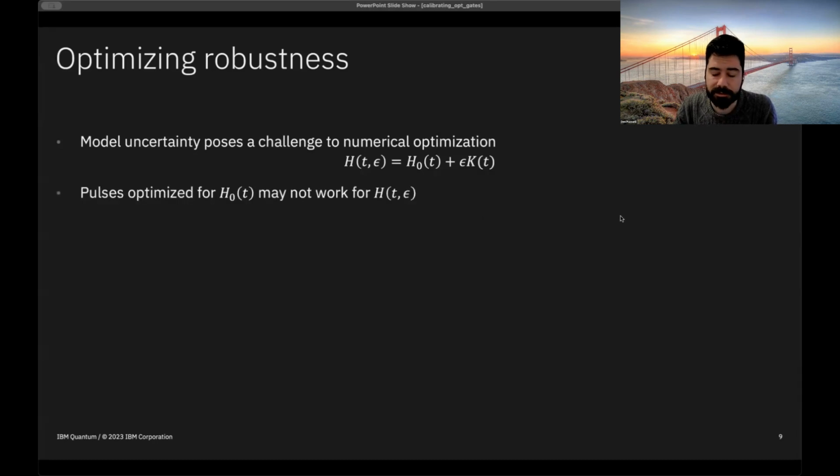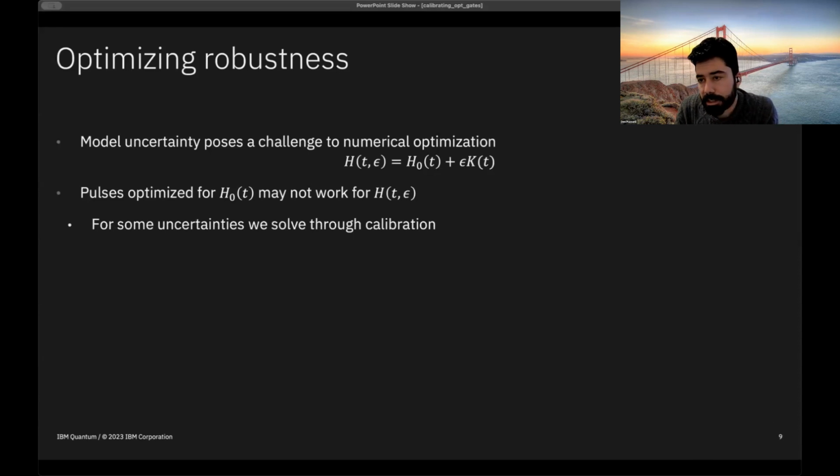So if you just straight up optimize a pulse for H0, it may not work for this deviated Hamiltonian. Especially, sometimes you do these optimizations and they'll really utilize really fine aspects of the Hamiltonian. And if you start changing the Hamiltonian, it'll totally mess up your trajectory through, say, unitary space if you're doing a gate.